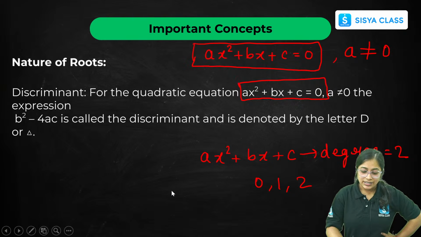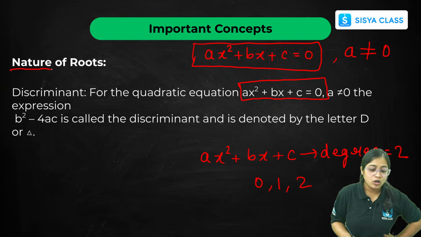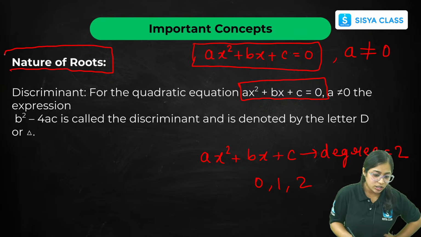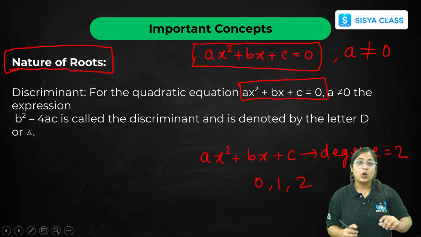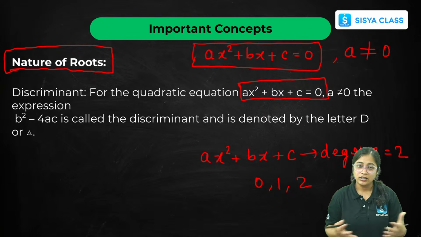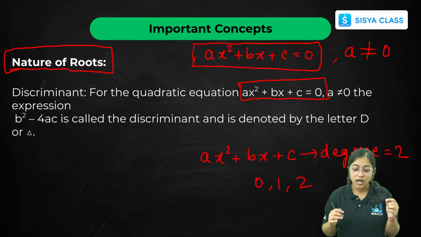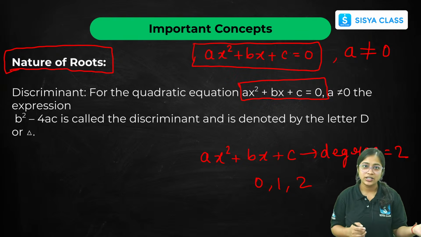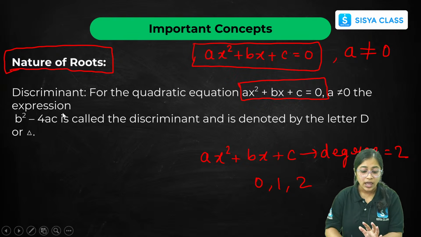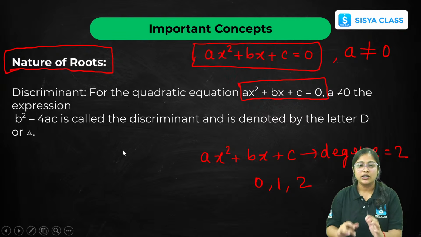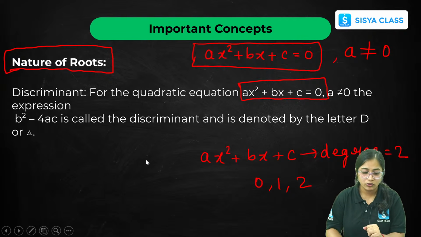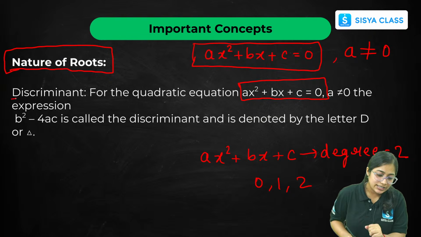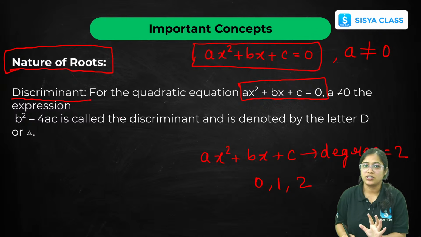Now second is what the nature of the roots is, okay? Nature of roots means whether the roots are real, equal, unequal or imaginary, right? So for a quadratic equation, how do we find the nature of roots? We look at the discriminant of the quadratic equation. Okay.